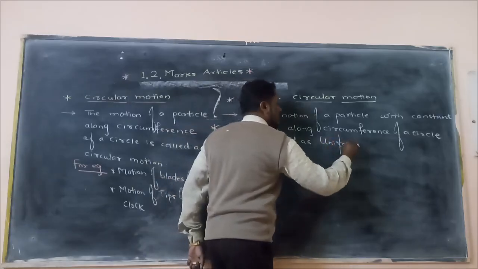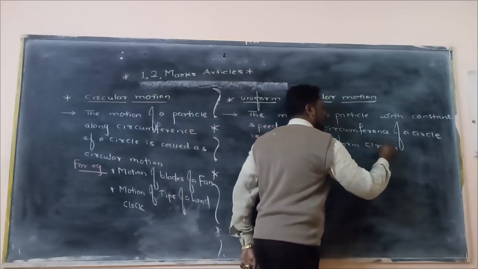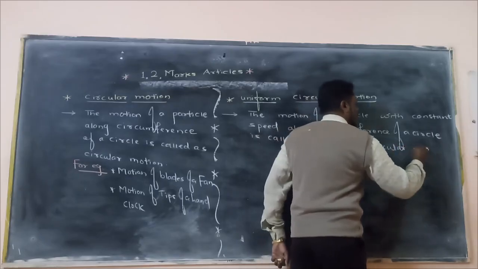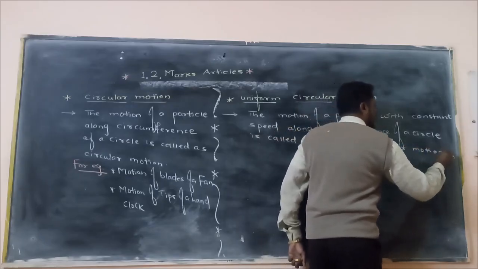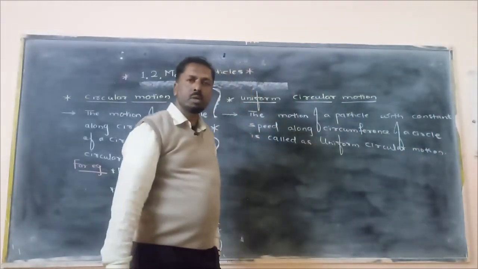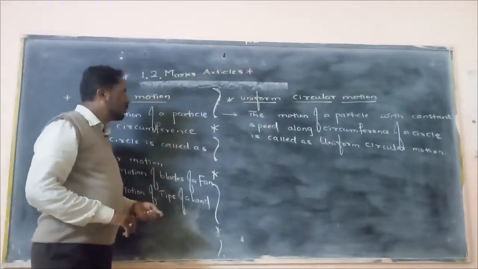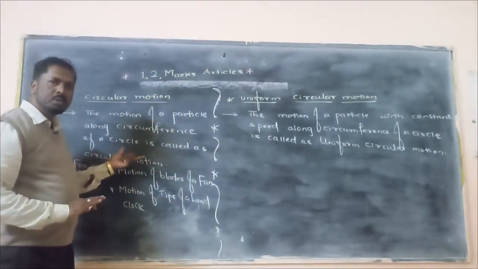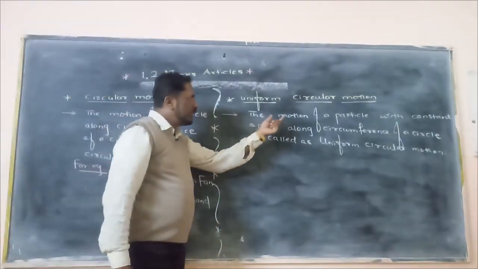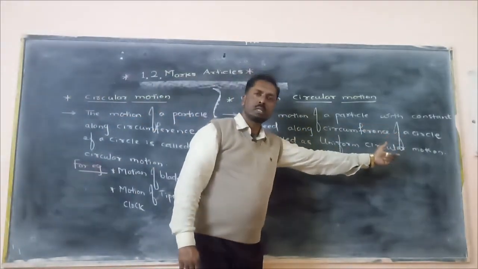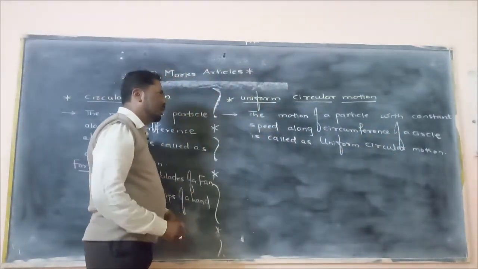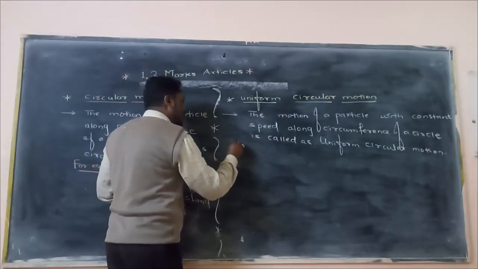then it is called uniform circular motion. So what can we conclude about circular motion and uniform circular motion? In circular motion, speed does not remain constant, but in uniform circular motion, the speed remains constant.